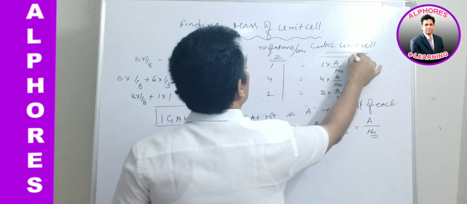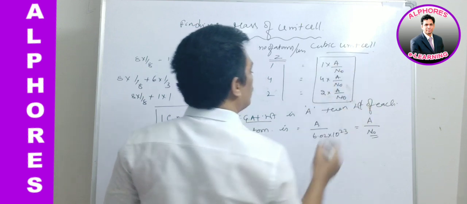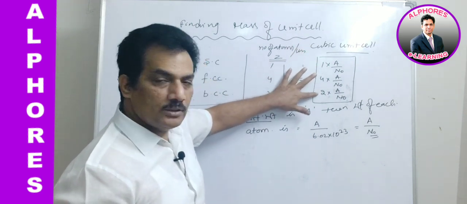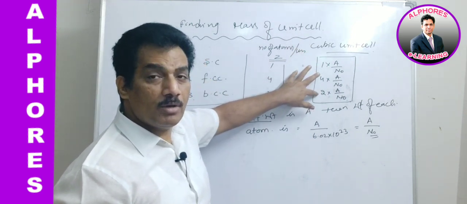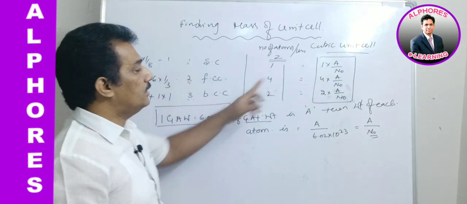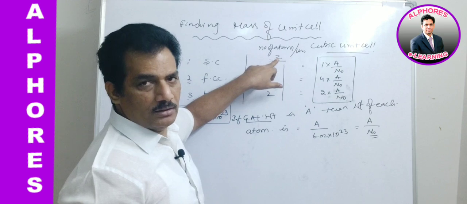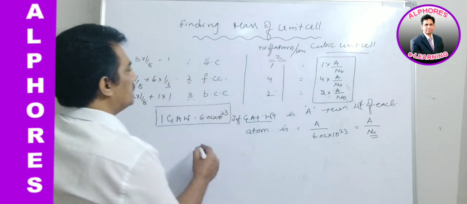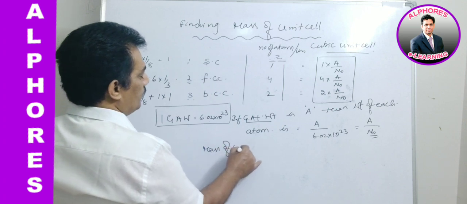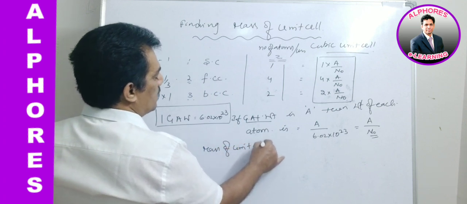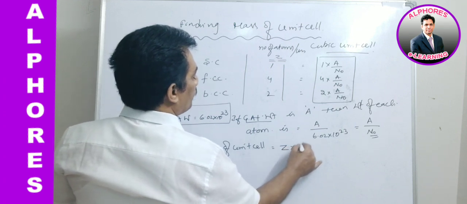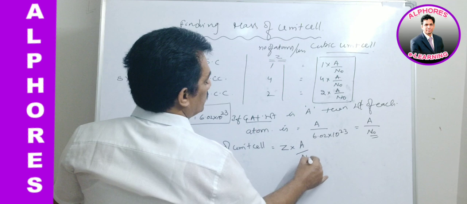With all these, we can generalize a formula. What is that generalized formula? What are these 1, 4, 2? They are the number of atoms per unit cell. That depends on the type of the unit cell, and these are generally represented with Z. So mass of unit cell is equal to Z into A by N0.